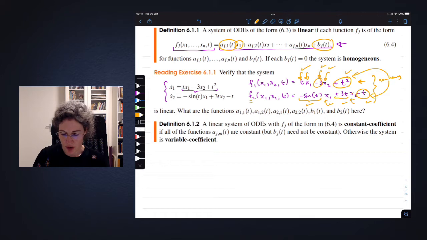So constant coefficient if the coefficient in every term is constant, variable coefficient if not. So if we have a look at our example here, this is definitely going to be a variable coefficient because we've got variables here, variables here, variables here. Okay.